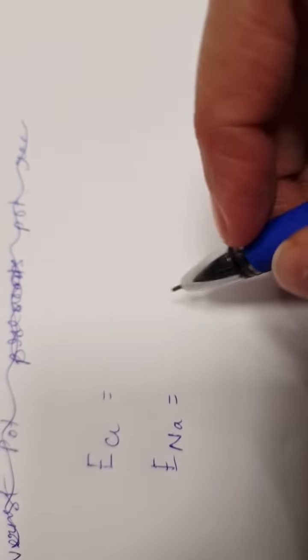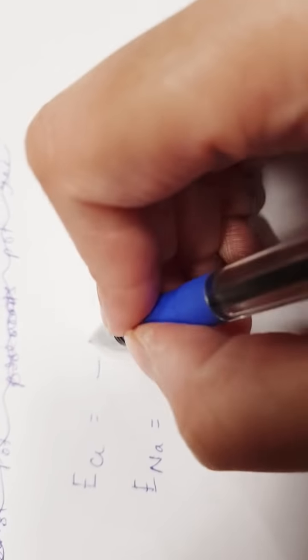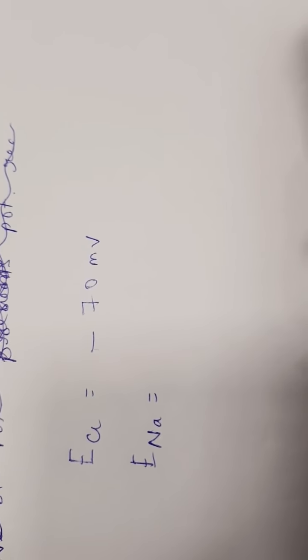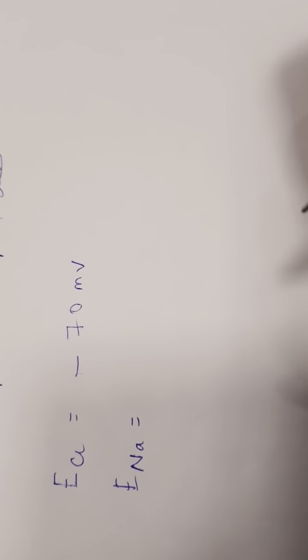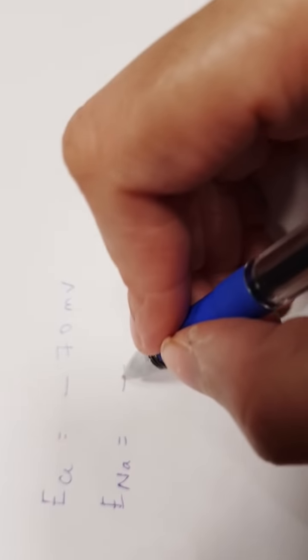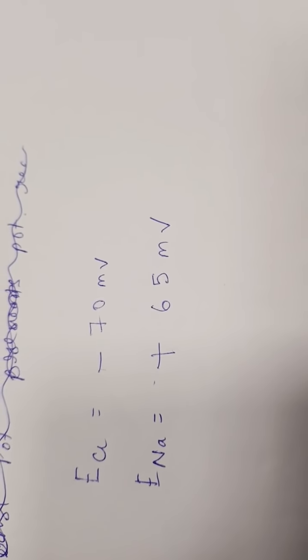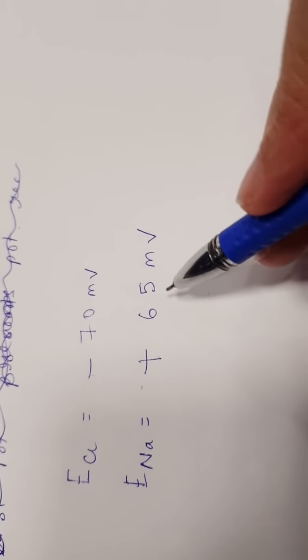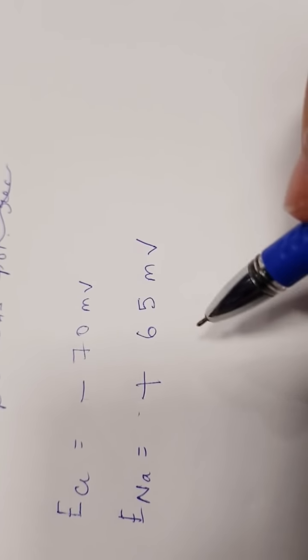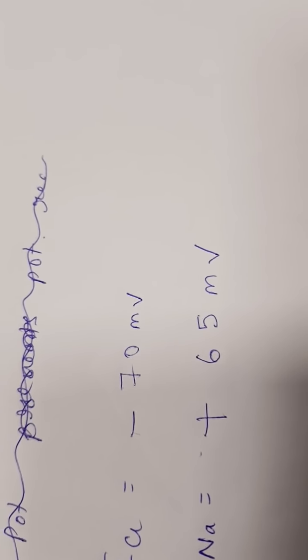By the Nernst equation, when we assume that the membrane is permeable only to chloride, the equilibrium potential is minus 70 millivolt. And in a similar way, the equilibrium potential by the Nernst equation for sodium is plus 65 millivolt. For sodium, both the concentration and electrical gradients are directed inwards.